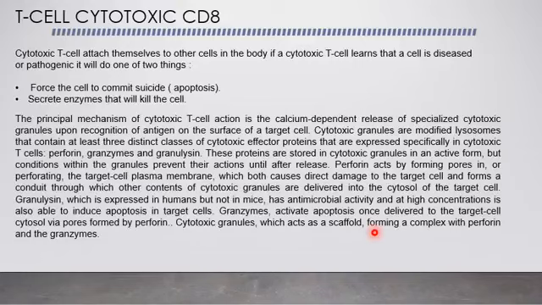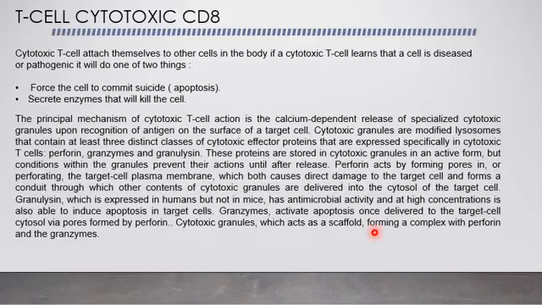The last one is granulysin, which is expressed in humans but not in mice. It has antimicrobial activities, and at high concentration it is also able to induce apoptosis and necrosis.